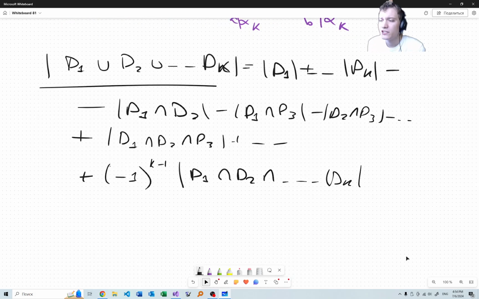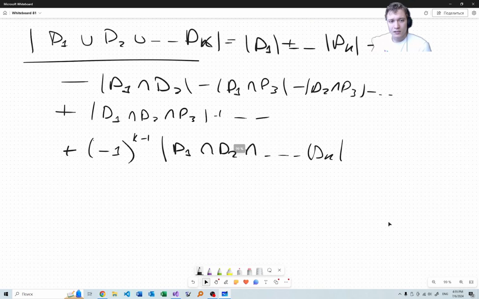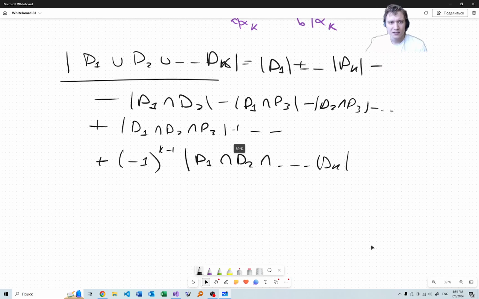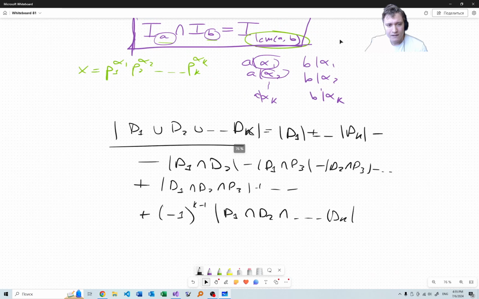What's interesting about it is that in the case that we have primes and products of these primes, the inclusion-exclusion principle starts working very nicely. What do I mean by that? Let me rewrite it very compactly. In a compact manner, this can be rewritten like this.